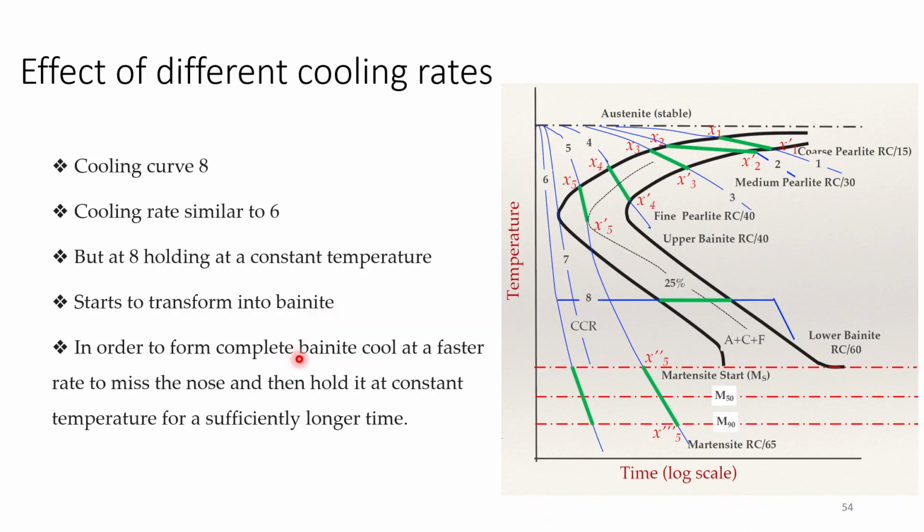In order to form complete bainite, you can cool at a faster rate to miss the nose and then hold it at a constant temperature for a sufficiently longer time. Okay, so here you are getting lower bainite and its hardness is up to 60 in Rockwell C scale.